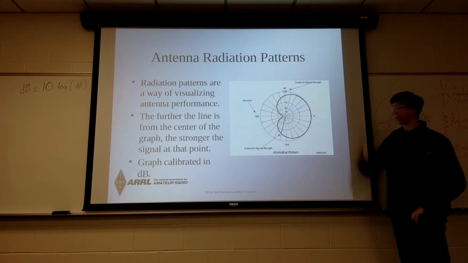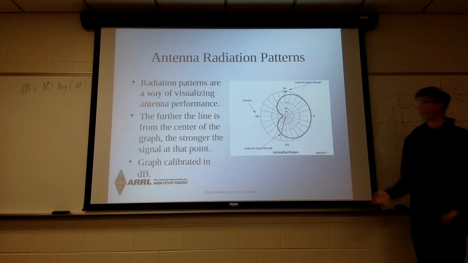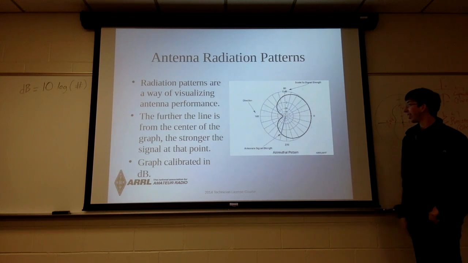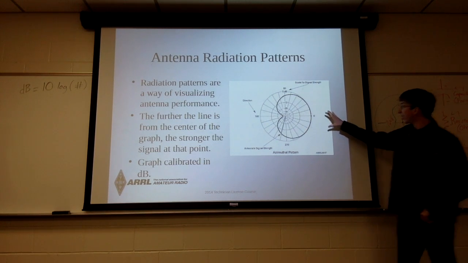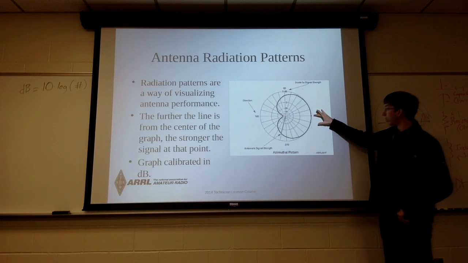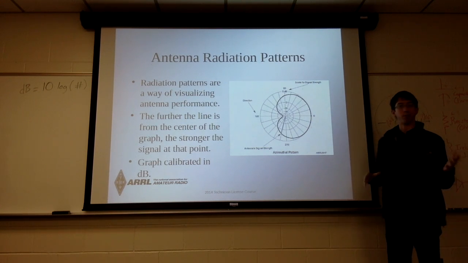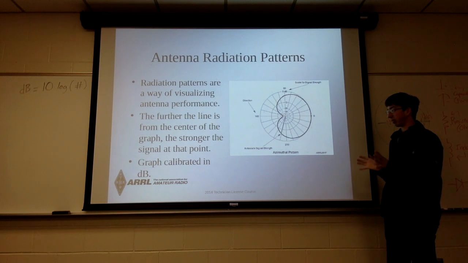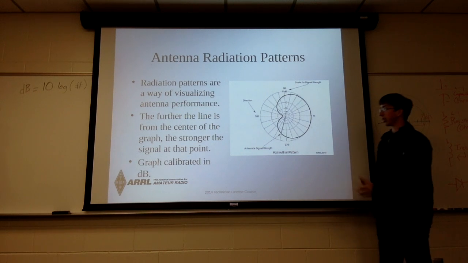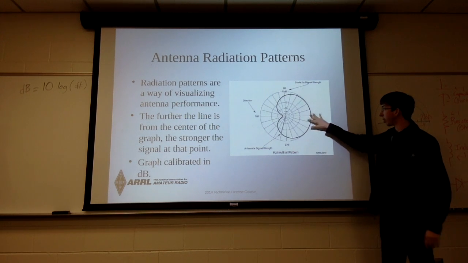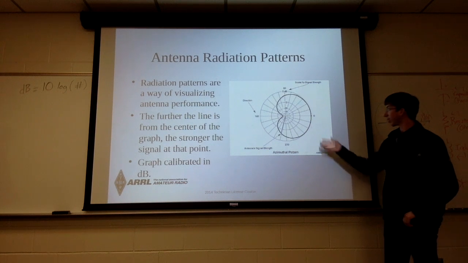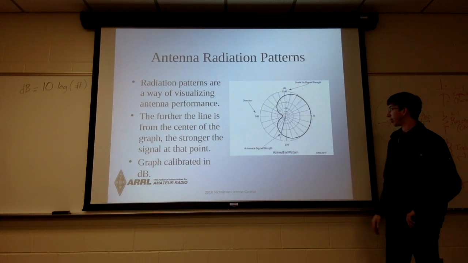So this is a passive antenna. We could have antennas that put a lot more power in one particular direction. This may be normalized. There are lots of reasons why it might be zero there.